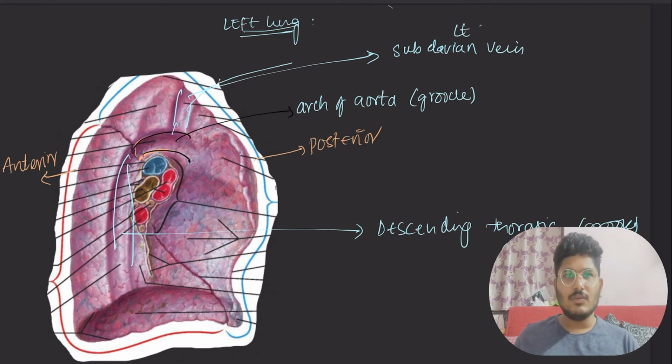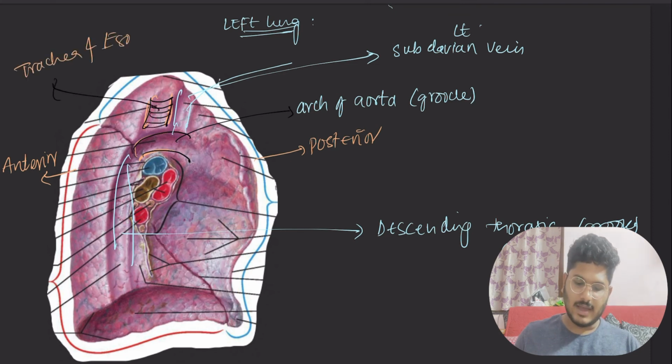And next, we also have an impression for the vertical structures, the trachea and esophagus, anteroposteriorly. So there is also an impression for the trachea and esophagus.